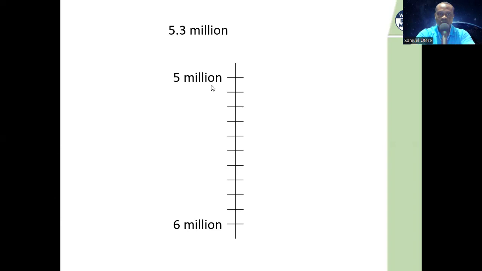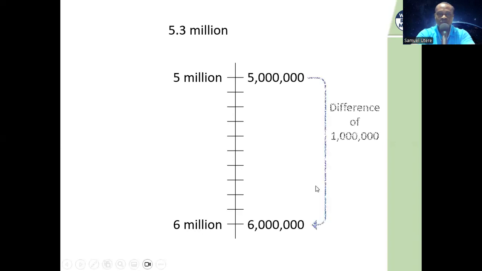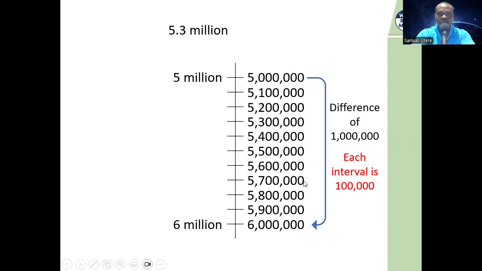Of course, we know the difference between 5 million and 6 million is 1 million. We can then divide that 1 million by 10 intervals. This gives us that each interval is worth 100,000. So if each interval is worth 100,000, we can complete our interval, which now looks like this.